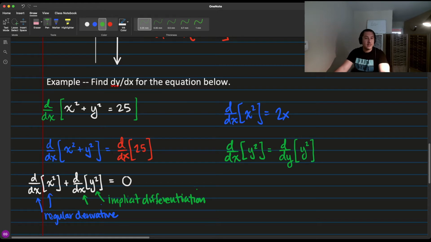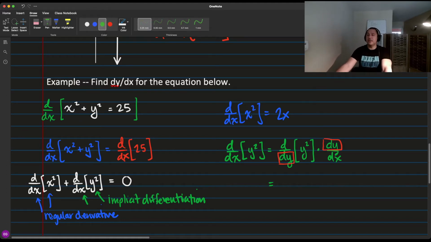Do you see how they match now? I'm taking the derivative of y squared with respect to y. The variable y matches what you're taking the derivative with respect to. Now you have to multiply by dy dx, because the dy right here and the dy right there cancel, and you get the derivative of y squared with respect to x.